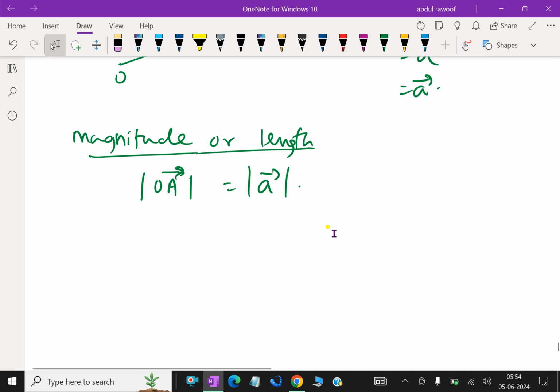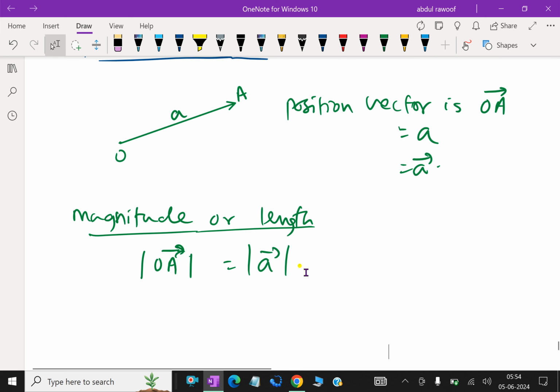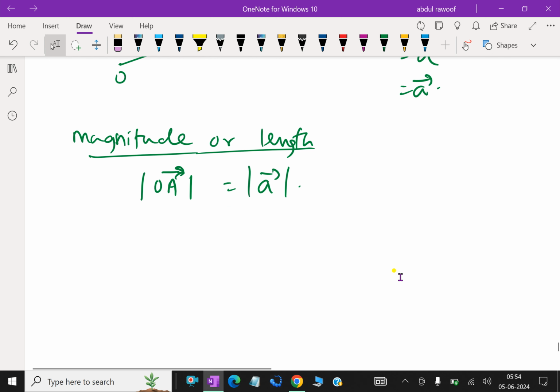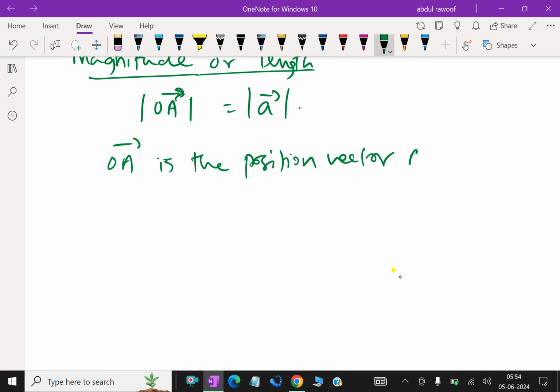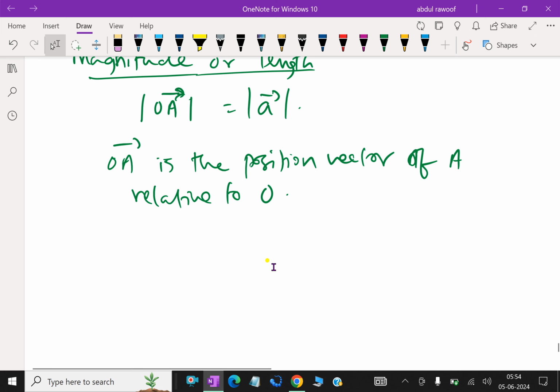This vector OA starts from O and terminates at A. OA is the position vector of A relative to O. That means, look here, vector OA is the position vector of A, the second letter, with respect to, or relative to, the initial point, the starting point O.